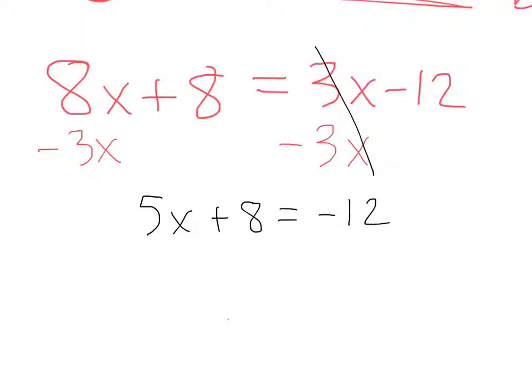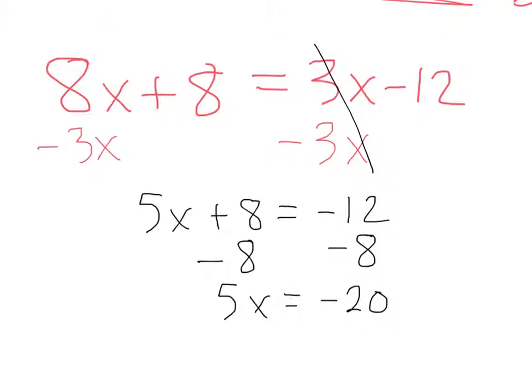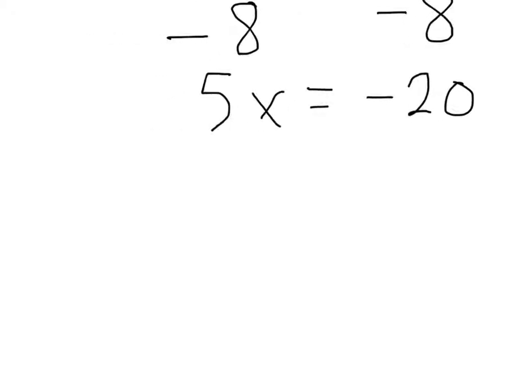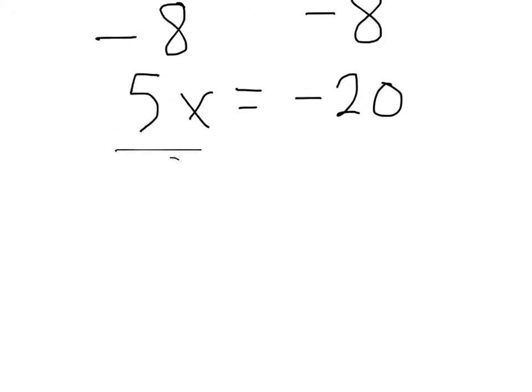So now we have to undo addition with subtraction, and that'll give us 5x equals, and negative 12 minus 8 is negative 20. Okay, last step, undo multiplication with division. So our x equals negative 4.